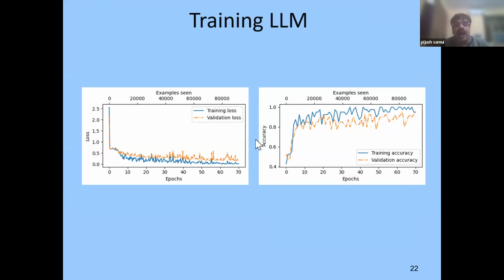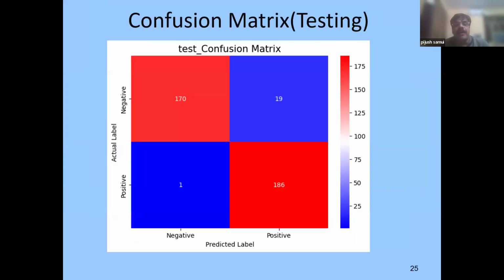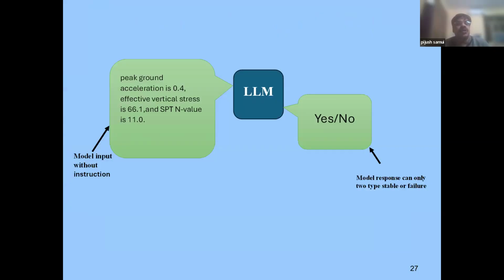Then I will check how the model performance turns out. I have taken the peak ground acceleration 0.4, effective vertical stress 66.1 and SPT value 11, because all of the parameters are quite related to other parameters. Just like fines content will have some relation with the SPT value, effective stress will have some relation with the total stress, peak ground acceleration will have some relation with the magnitude of the earthquake, and depth will also have some relation with the effective vertical stress.